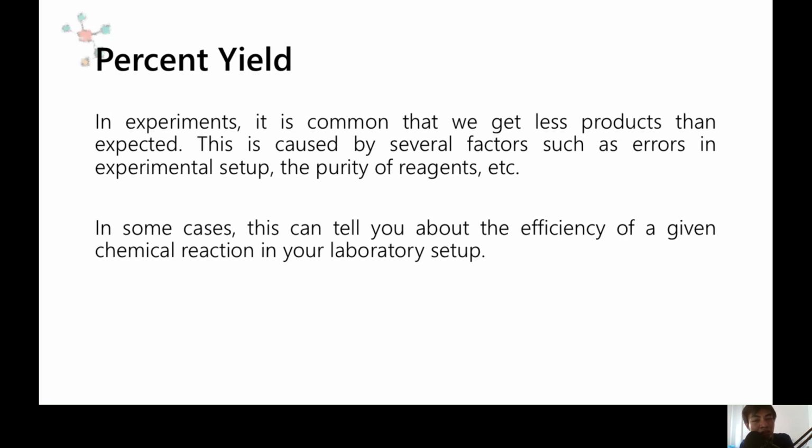Kunwari, gusto mo kunin yung nitrogen from the liver. So, maraming methods yon. We can have Kjeldahl method, and the other methods. So, each method will give you different percent yield. So, the highest percent yield will tell you that the method you use, yung process na ginamit mo, ay efficient. So, it is better than the rest. So, yun lang yung kwento niya.